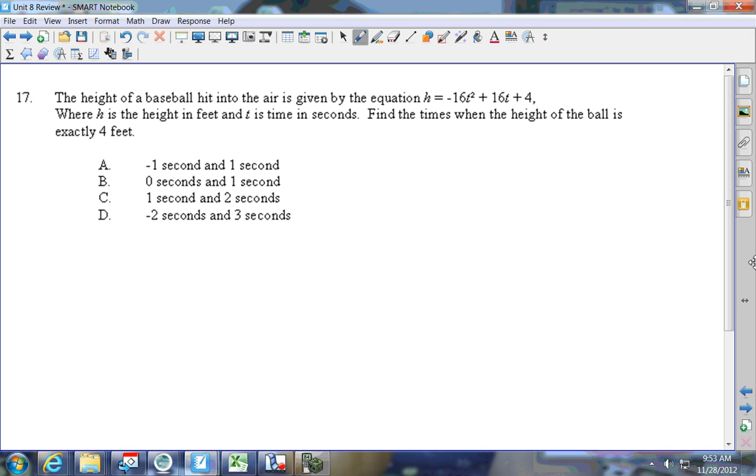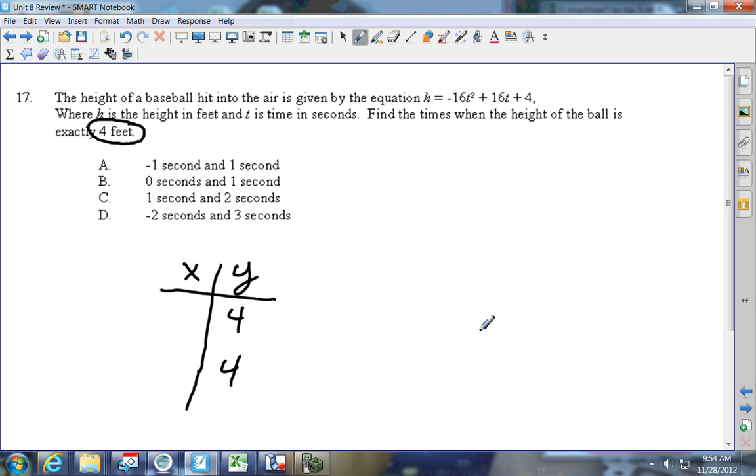So when I go to the table, what am I looking for? Not the x-intercepts. When y is what number? The y has to be 4 feet. So you're looking for, and why are there going to be 2 spots where it's going to be 4?